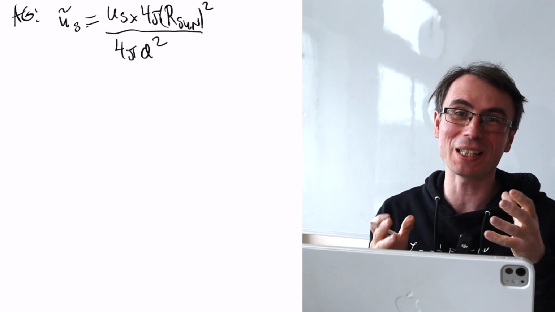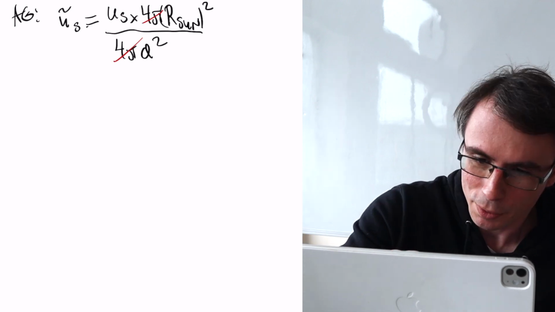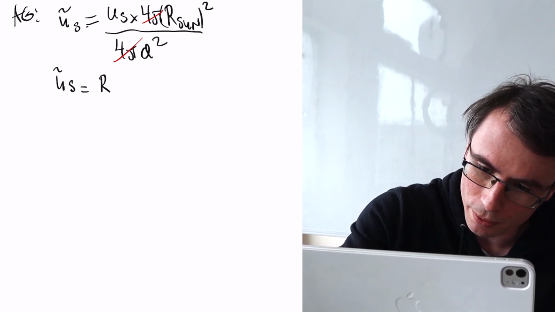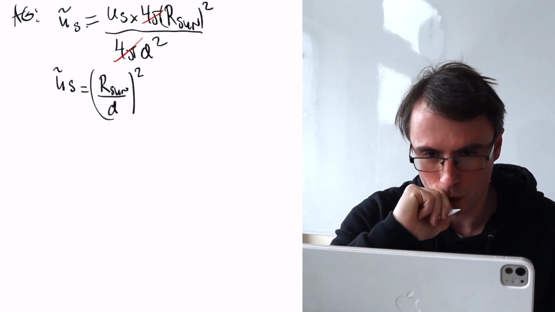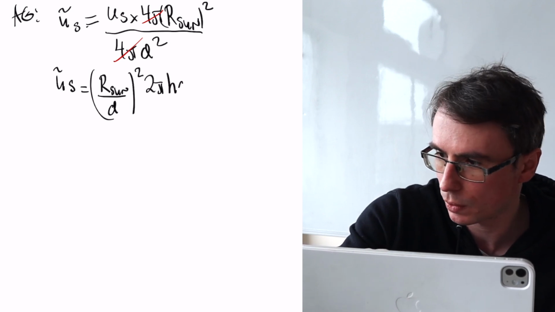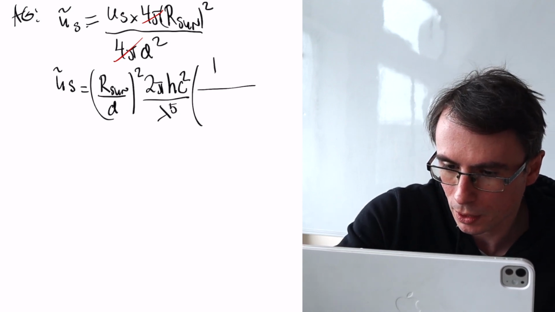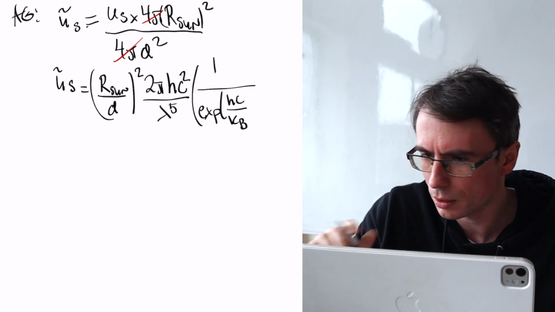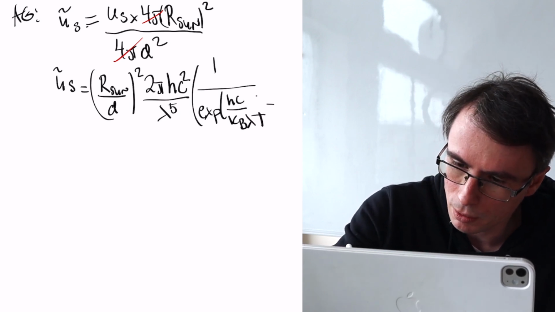And this is so incredibly tricky to miss, at least for me. Let me know what you think. We can cancel out the 4 pi's. So what we get for u tilde s is that it's just equal to r of the sun over this distance squared multiplied by us, which is all of this: 2 pi hc squared over lambda to the power of 5, times 1 over the exponent of hc over kB lambda T, take away 1.